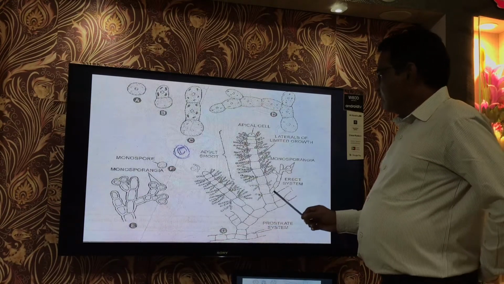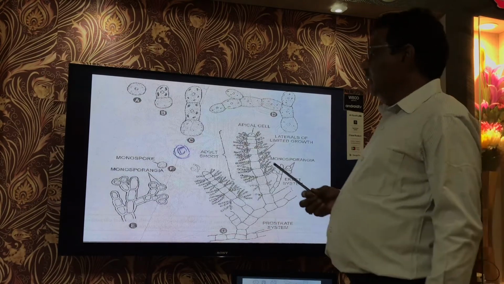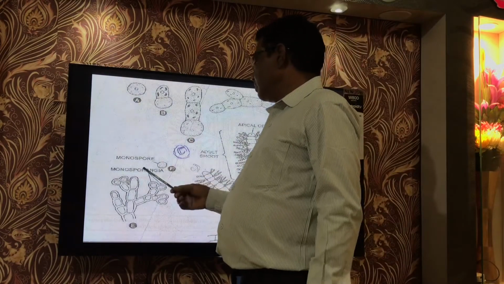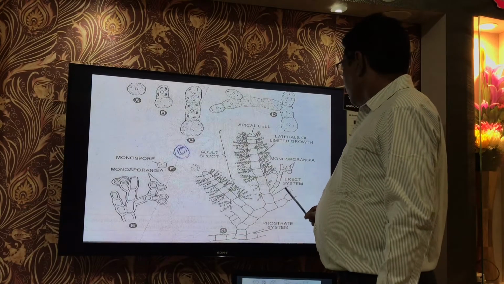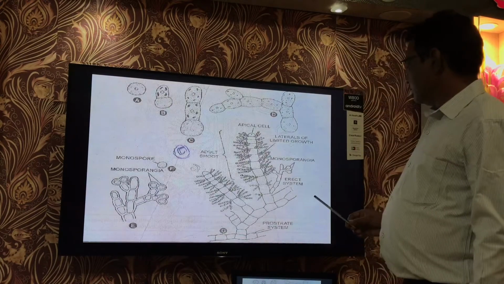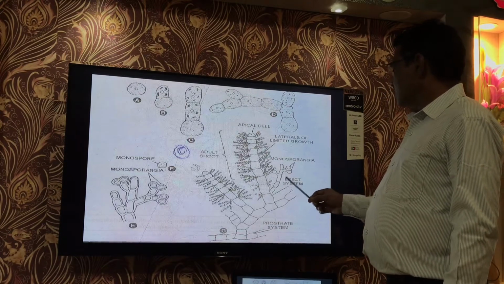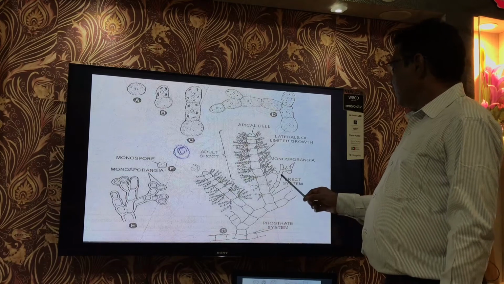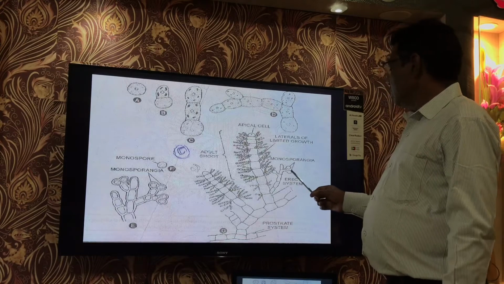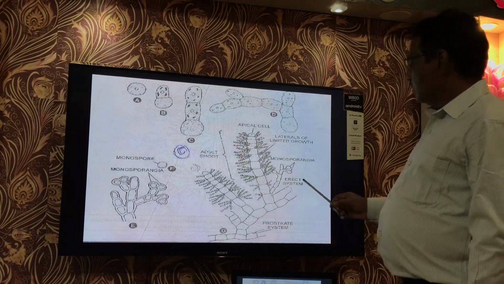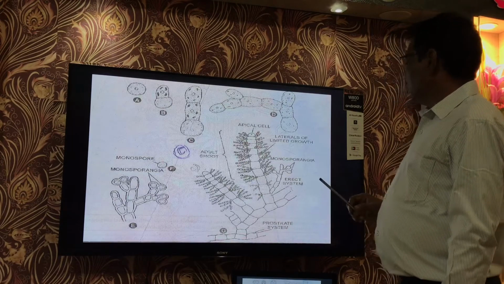Now this Chantransia stage reproduces asexually by producing monospores within the monosporangium. What happens? The filaments of the erect system produce lateral branches, and at the tip of such a lateral branch, either one or two spherical specialized structures are produced, which are called monosporangia.